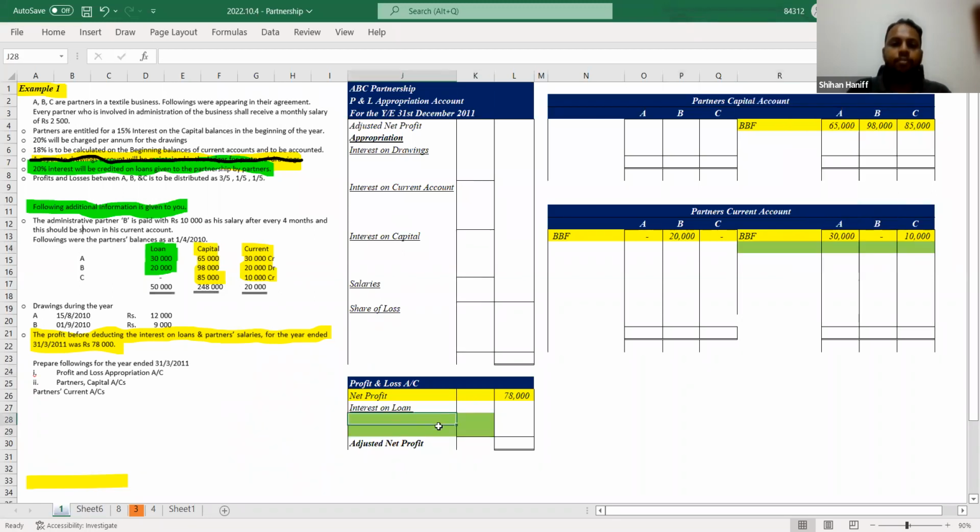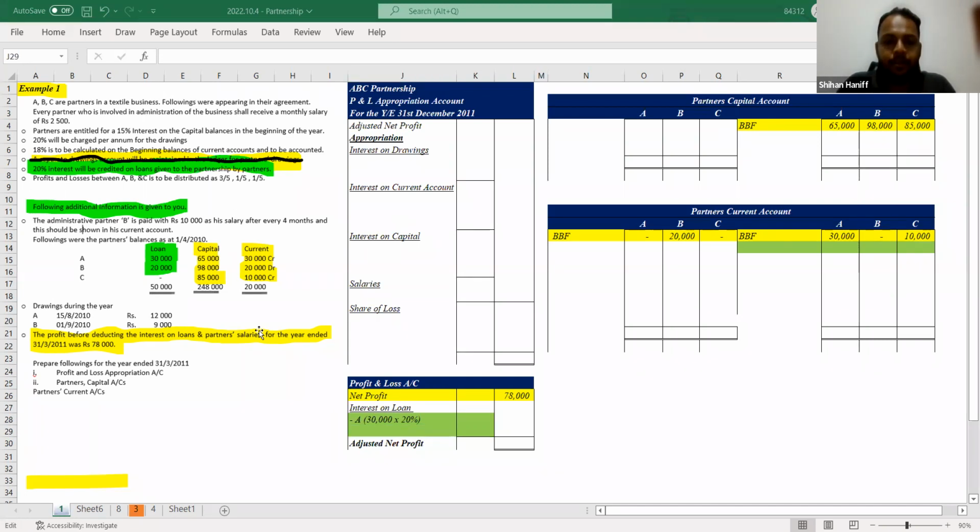Calculate the interest on loan. Interest on loan. A, 30,000 into 20%.